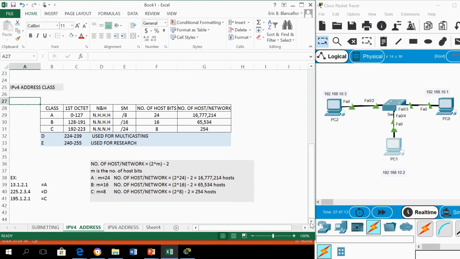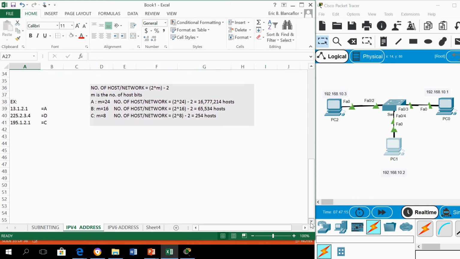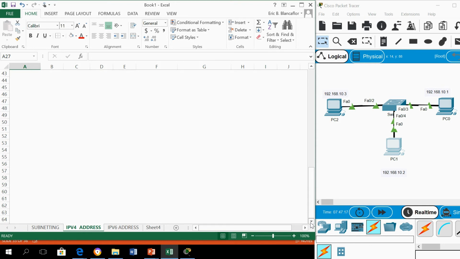Okay, so this time we will cover IP address type. There are IPv4 address types.